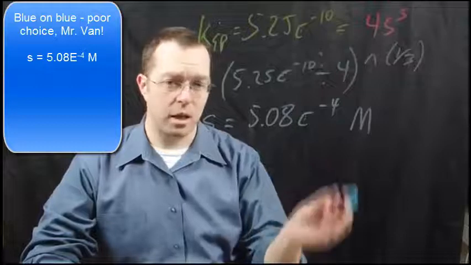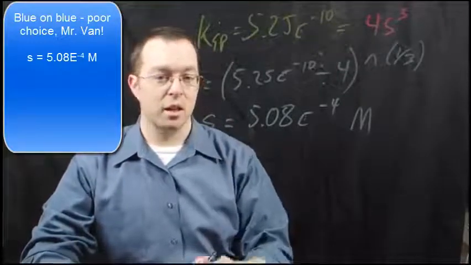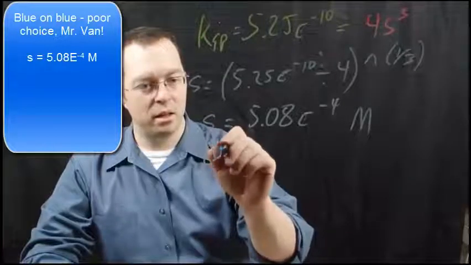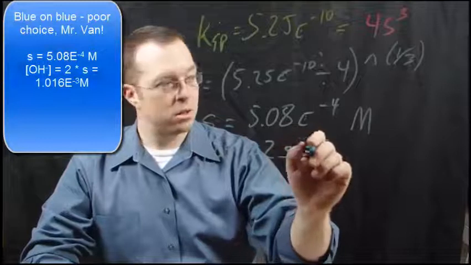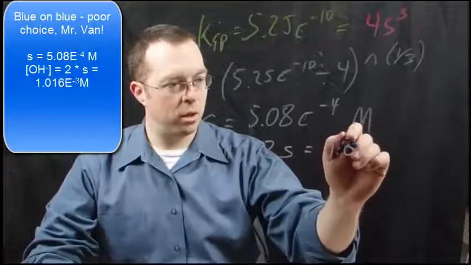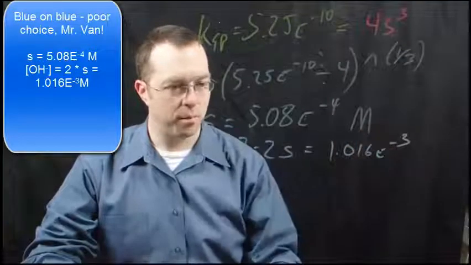But from the rice table that I erased, this is not the concentration of hydroxide. The concentration of hydroxide is 2S. So that is 1.016 times 10 to the minus 3.